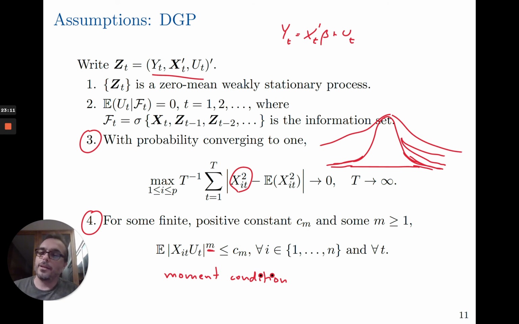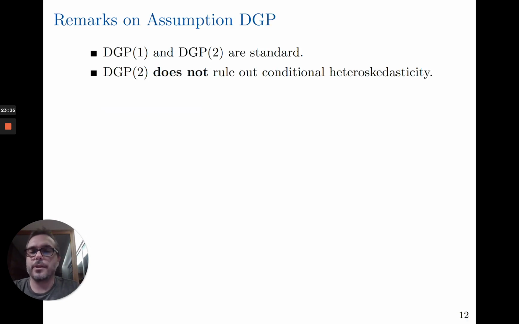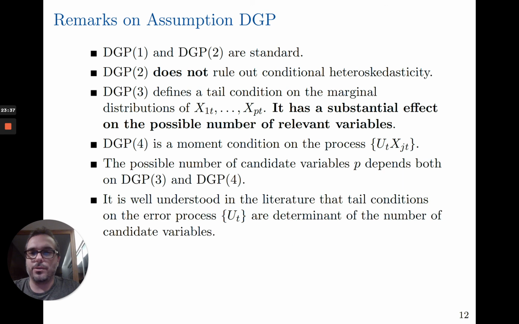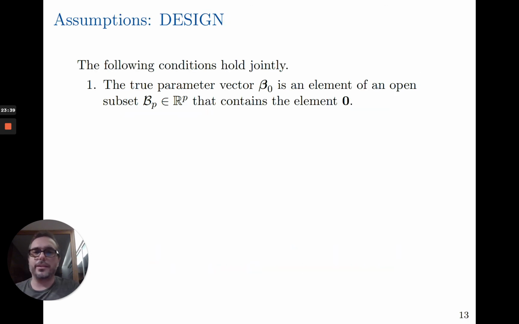If the data looks more like a Gaussian, then you can allow for more variables. And this is something that you're going to learn by doing in practice, during the assignments, during the midterm, and in your work life, estimating this kind of models. Okay, so let me go fast here.